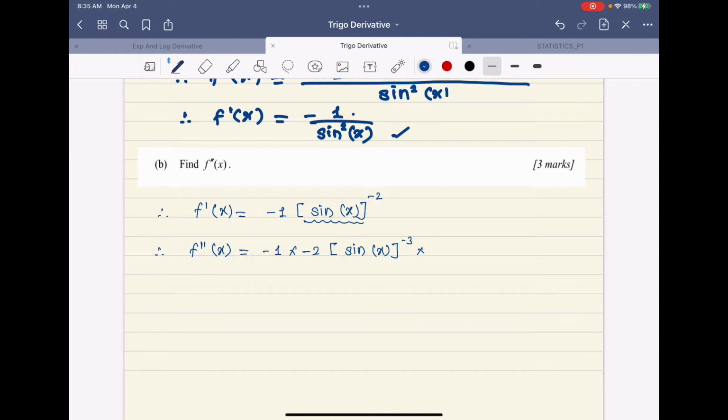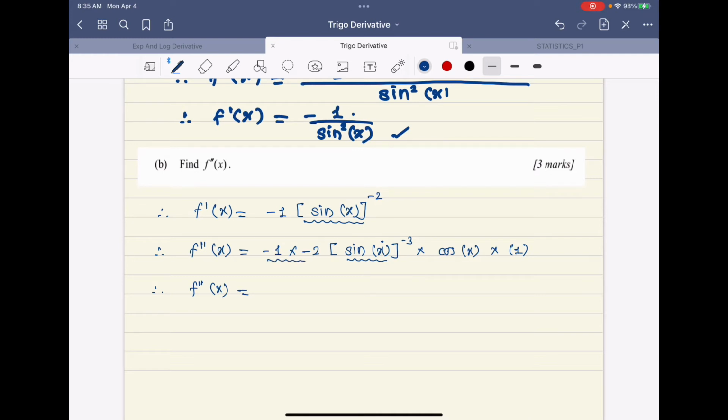Now go inside. I am basically using the chain rule directly. Go inside, and the derivative of sine is what? Cos x. Then go inside, and the derivative of x is 1. So you have to take the derivative until you actually take the derivative of x. So f double dash x, now you have to simplify this.